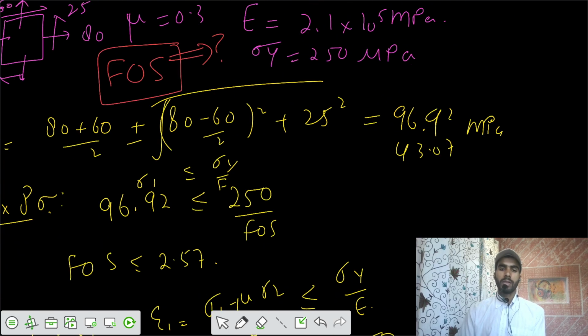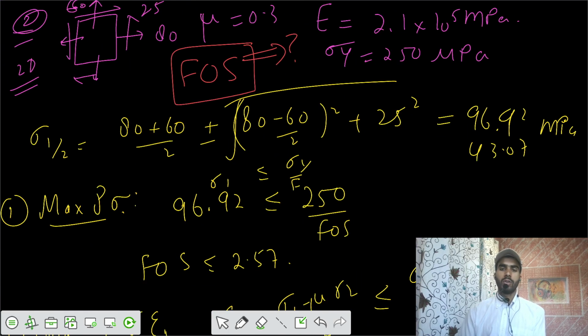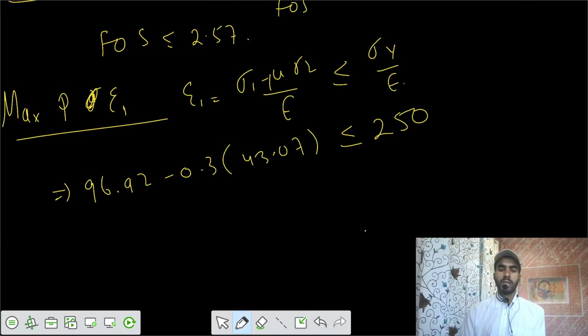And for design purposes you have to get the factor of safety, so you divide by the factor of safety here. So you can calculate the factor of safety, that should be less than or equal to 2.97.